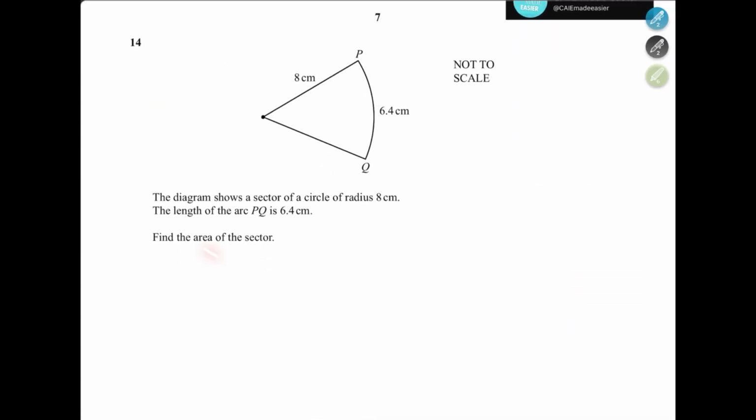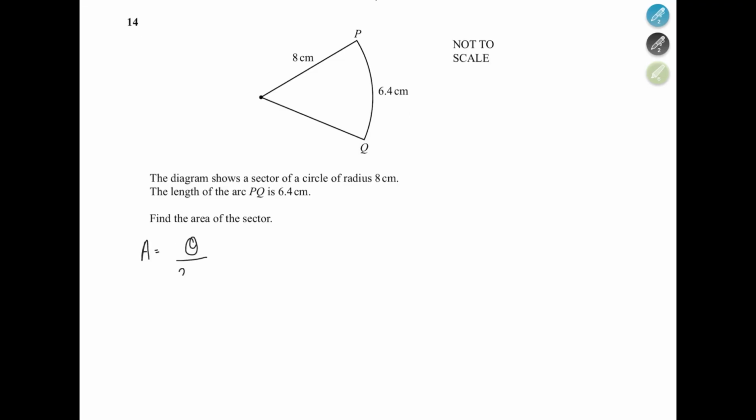Next question, to find the area. The diagram shows a sector of a circle of radius 8 centimeters. Length of the arc is 6.4 centimeters. Calculate the area of the sector. The formula for area of sector is theta by 360, where this angle is theta, multiplied by pi r squared. Now we don't know theta, but there's another formula, the length of arc, which equals theta over 360 multiplied by 2 pi r.